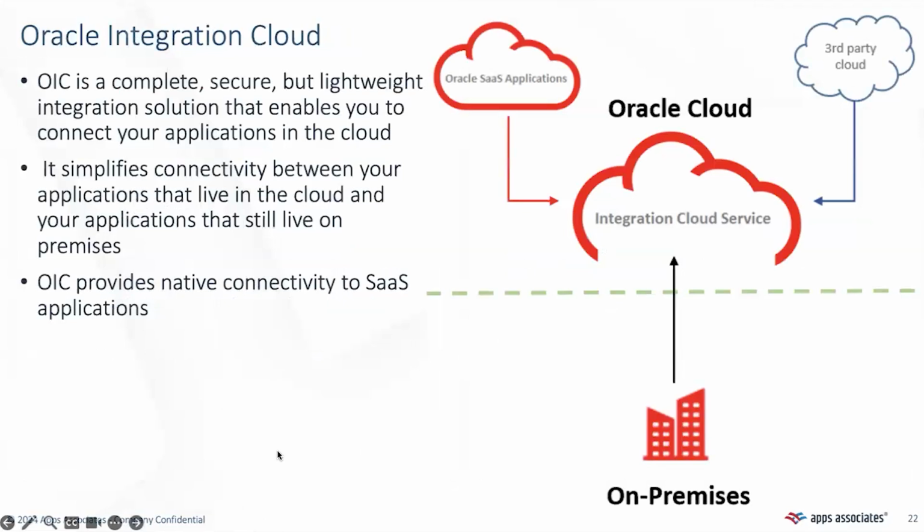It supports your REST services, SOAP services, and all those requirements. So when you are migrating to Fusion SaaS, you can think of OIC as your integration platform if you want to integrate with any third-party integrations that you were running on-premise.